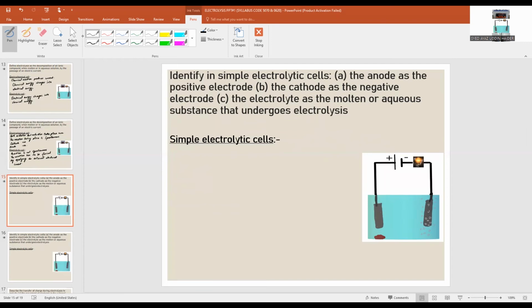In an electrolytic cell, the cathode is negative and anode is positive.